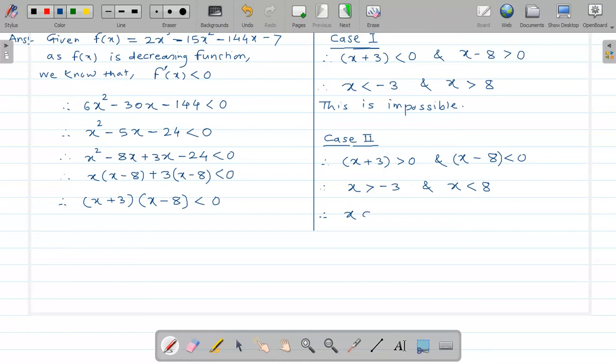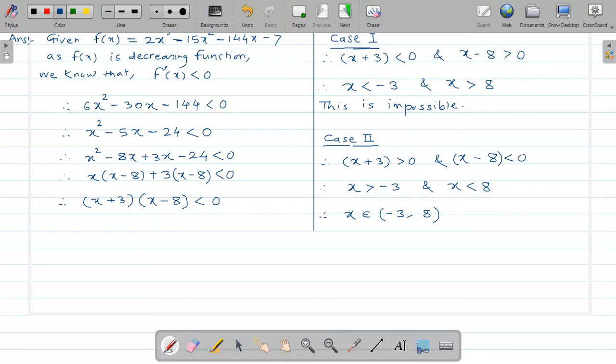So what will you get? We require the numbers where x is greater than minus 3, to the right hand side of minus 3 on the real line. So minus 3 to 8. So we get the values of x for which the function is decreasing, because if you take the values of x between minus 3 and 8, in that interval you will get the function decreasing.